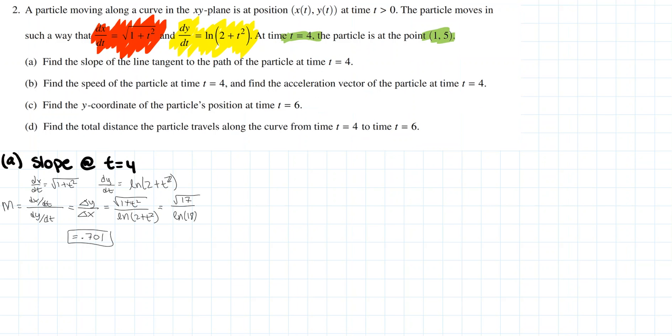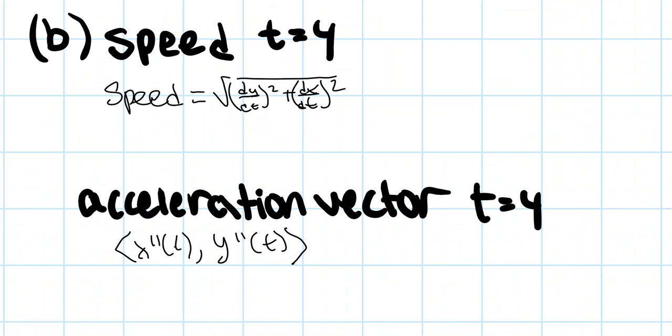Part B asks us to find the speed of the particle at time t equals 4 and the acceleration vector of the particle at time t equals 4. I've written out the equations for what speed equals and what the acceleration vector equals.